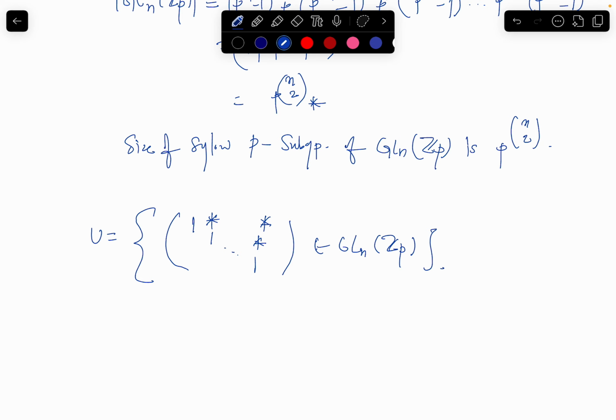So the size of this is p^(n choose 2) actually. So is this Sylow subgroup unique? The answer is no, because you can just think about unitary lower triangular matrices, and that's also a Sylow p subgroup.